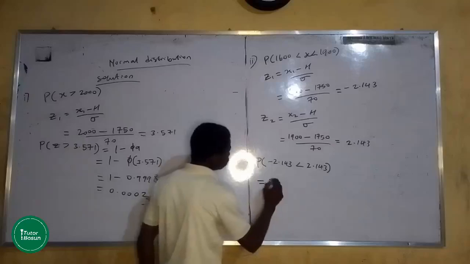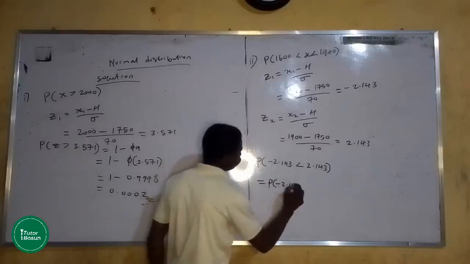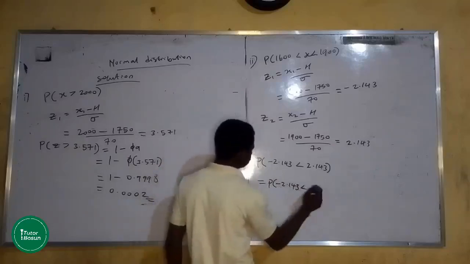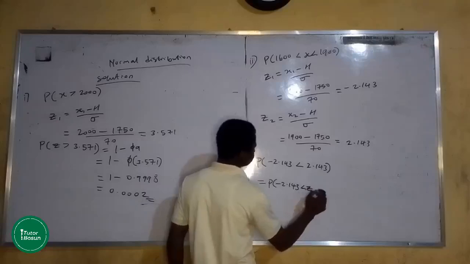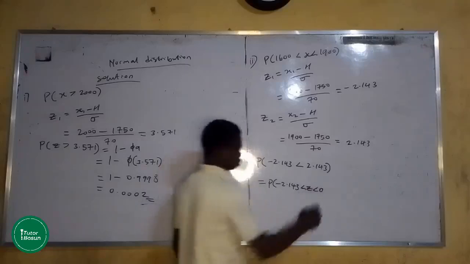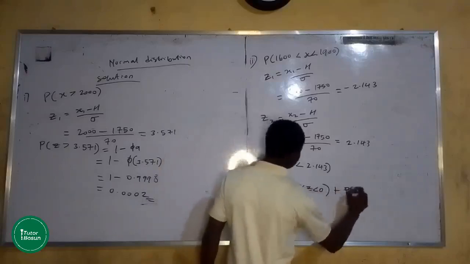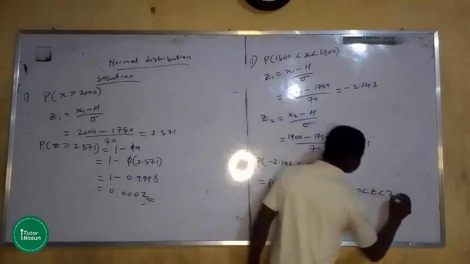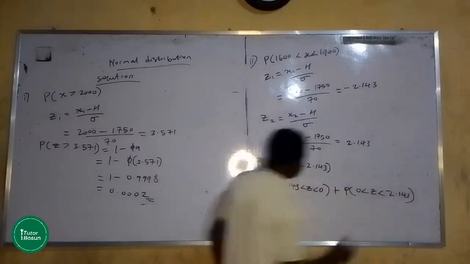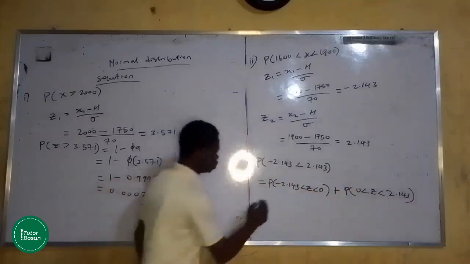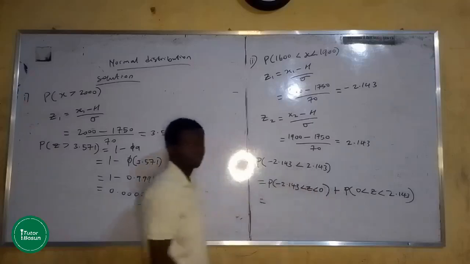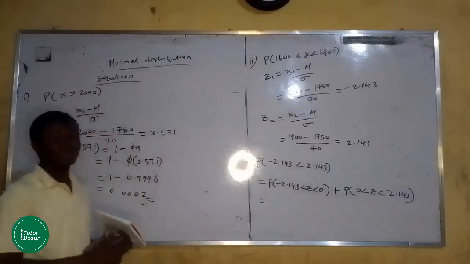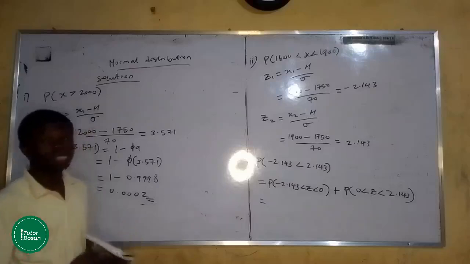So we can say this is the probability of minus 2.143 less than z less than 0, plus the probability of 0 less than z less than 2.143. If you put this together, it becomes the original back. Using the idea of symmetry, I already told us that our normal distribution table is symmetrical.